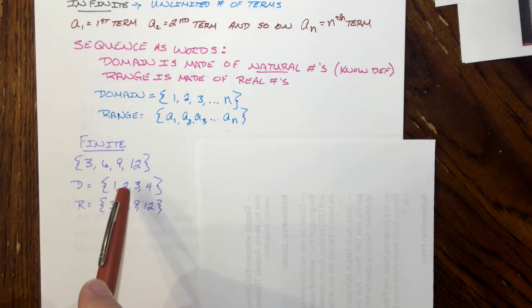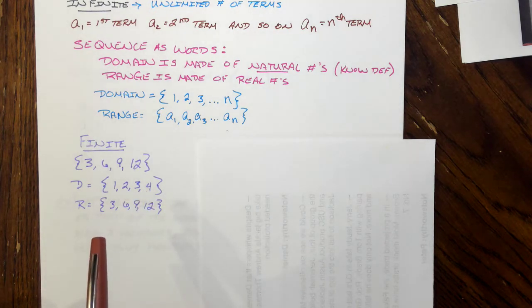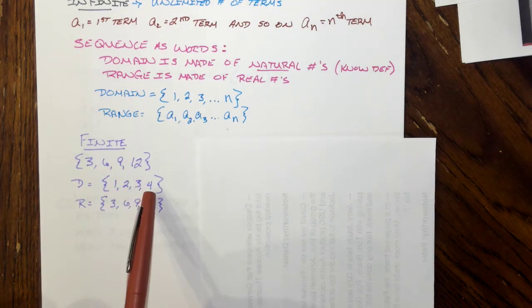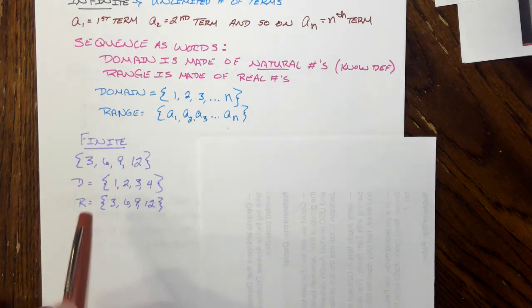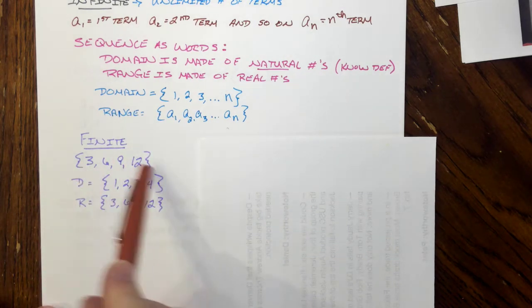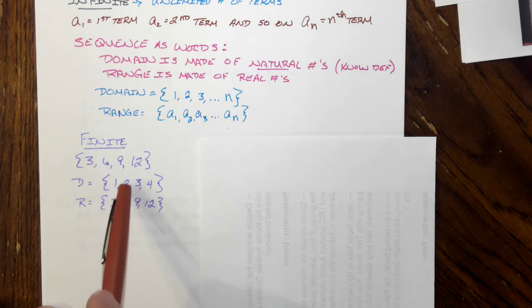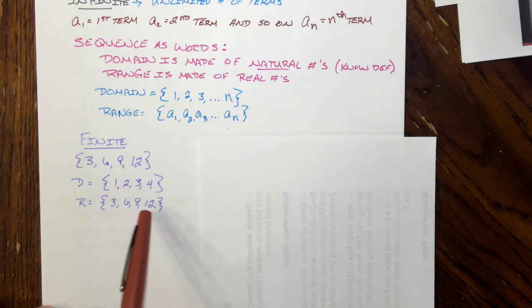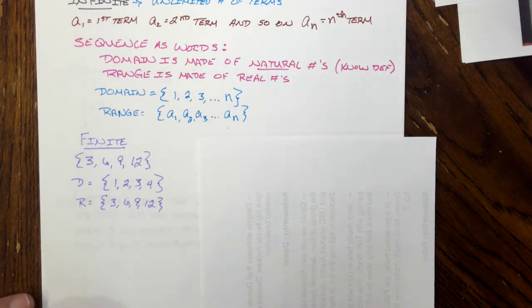So your domain is 1, 2, 3, 4. There's my first term, second term, third term, fourth term. That's what a domain is. The range is then the values 3, 6, 9, 12. So that'll be a sub 1, a sub 2, a sub 3, a sub 4, in this case with only 4 things.